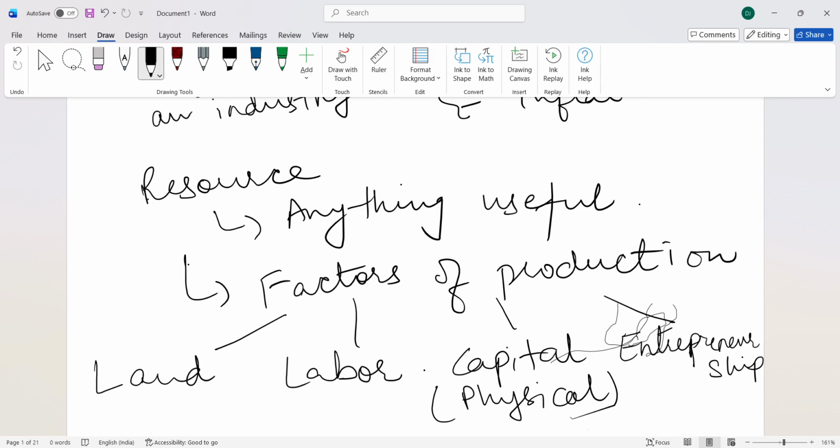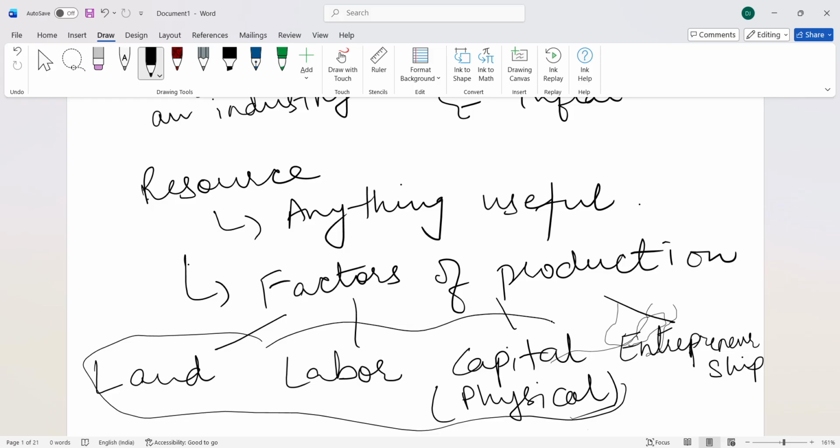Entrepreneurship is basically a skill that someone has in order to club all these resources together, and the ability to take the risk, right? Anyone who possesses that skill is an entrepreneur. That intellect is what we call entrepreneurship. All right, so this is what your resource is.